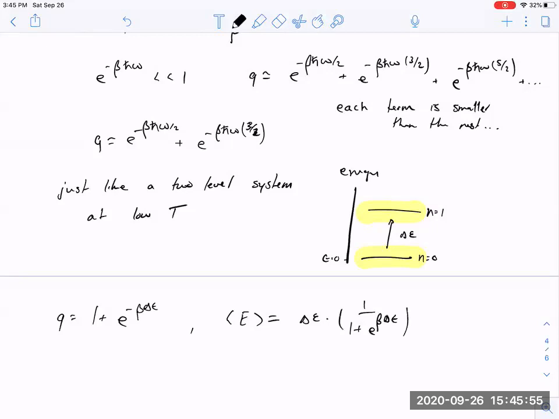So the 0 of energy is just 0, and then 1 over 1 plus e to the beta delta epsilon is just the probability of that excited state that has a corresponding energy of delta epsilon. That goes to 0 as T goes to 0 or beta goes to infinity. So indeed, a 2-level system crashes down into its ground state as the temperature is lowered.